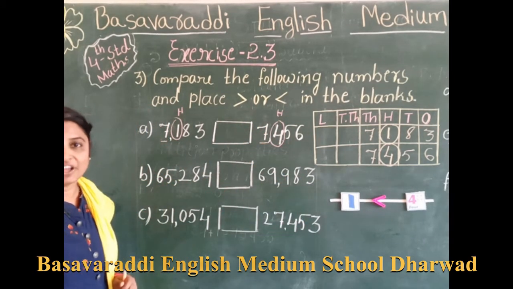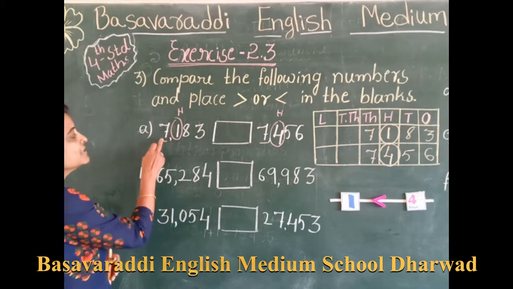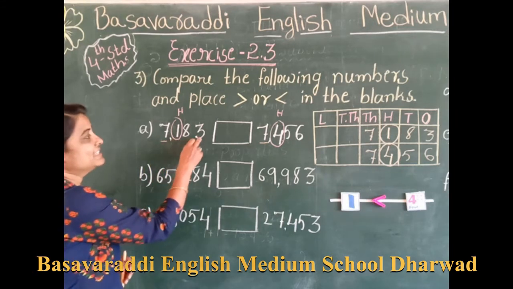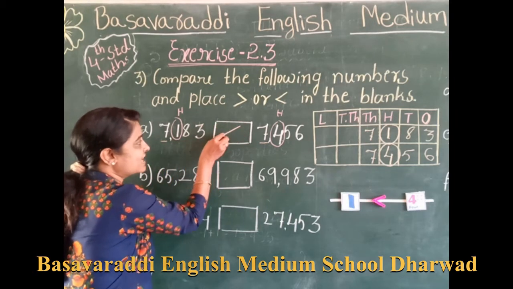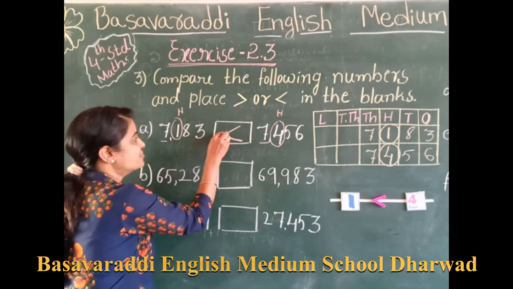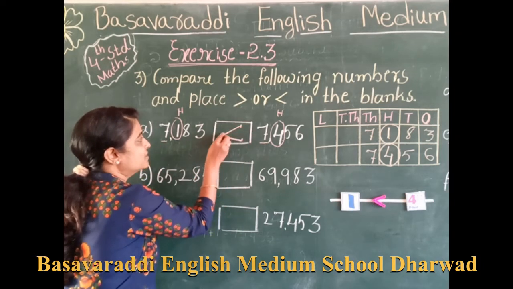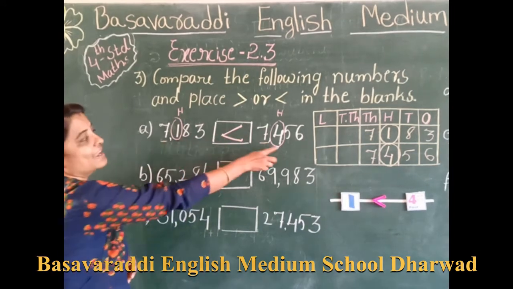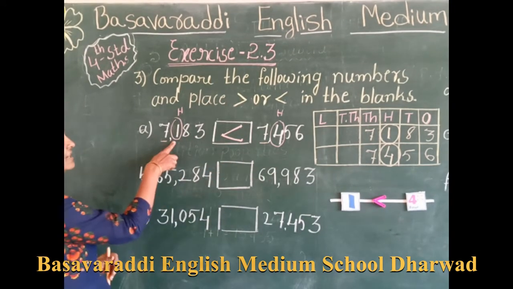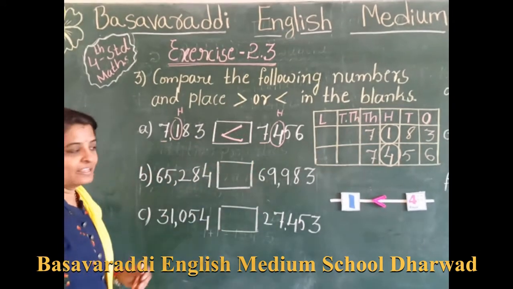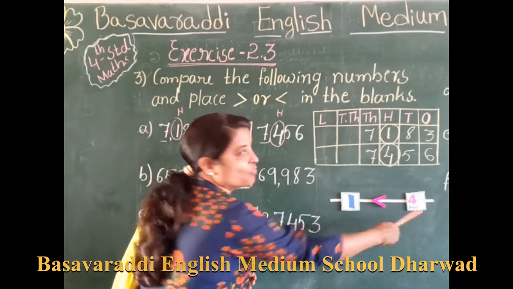Then the same sign we have to put here. This edge should be to the small number, because 100 is smaller than 400. Here 1 is smaller than 4.